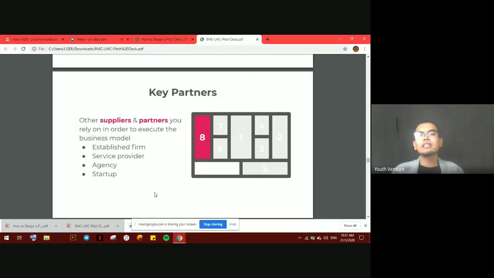So one of the key reasons why you need key partners is either because you need them for legal reasons, such as you are dealing with the laws, or a specific regulation, or you are doing it for cost reasons, because certain things are too expensive for you to build internally, or to buy in and make your key resources. So what you do is you partner up with specific people to reduce the cost, or to use their technology.